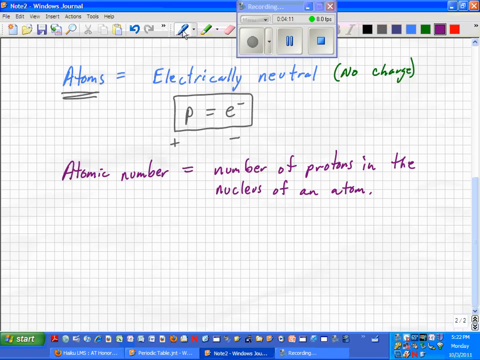So this also identifies the atom. Atomic number equal to 12 means that we have magnesium, symbol Mg.